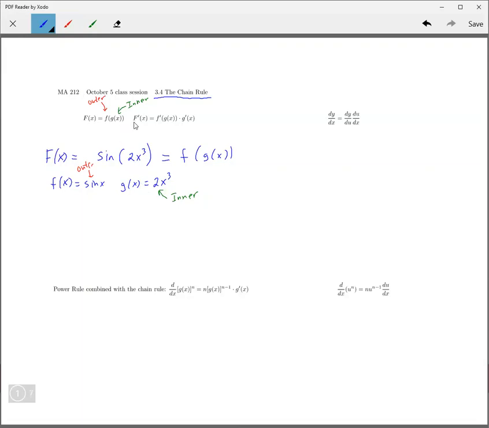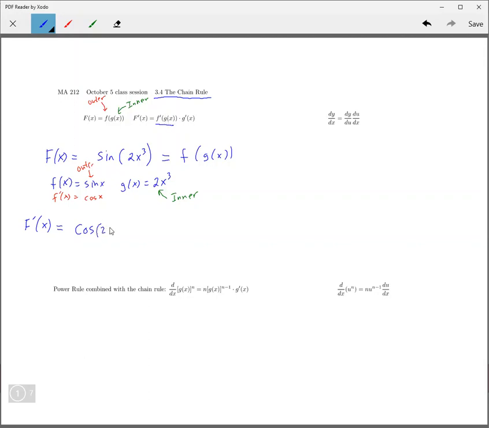So according to this, the derivative f prime of x is going to be the derivative of the outer function. If we just take the derivative of sine x, we get cosine x. So the derivative of the outer function, but the formula says evaluate that at the inner function.